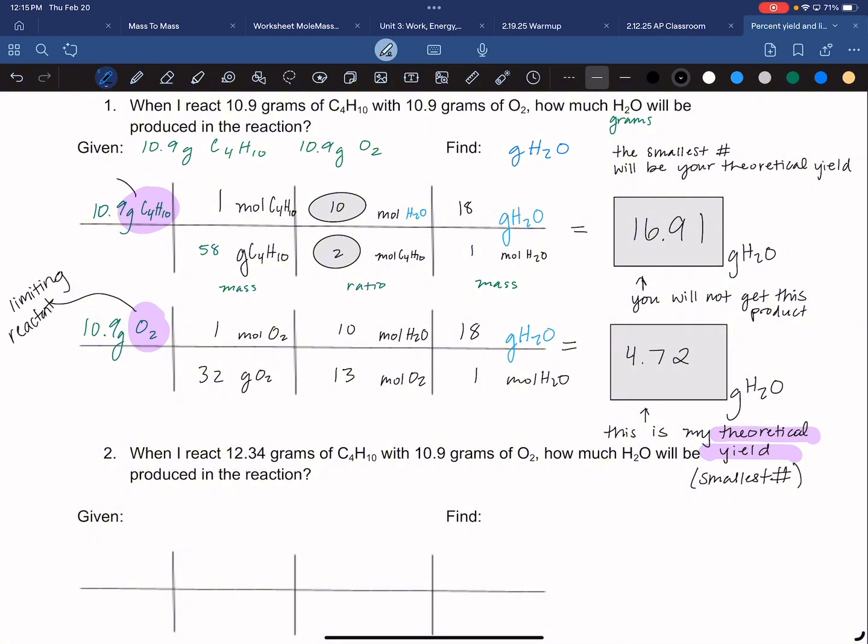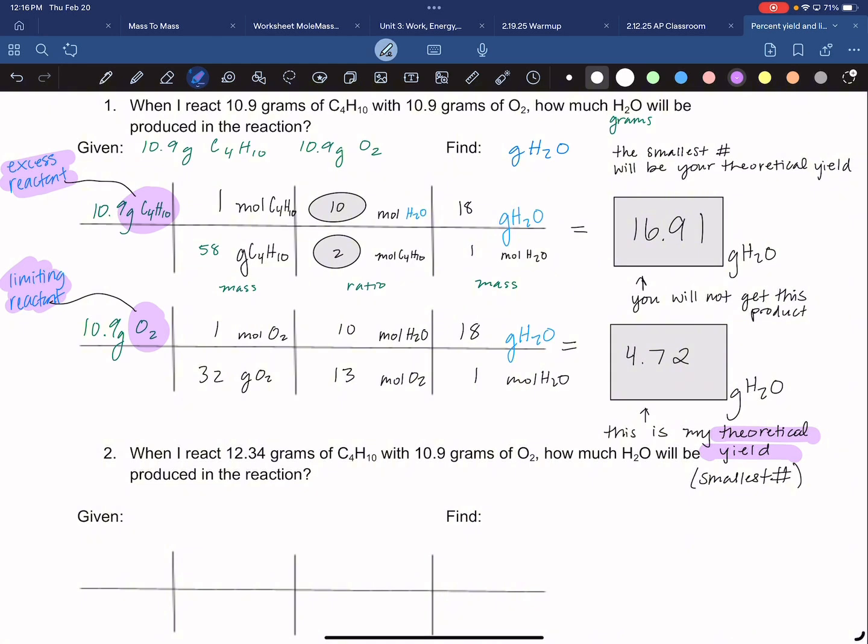And the one that produced too much product is going to be known as your excess reactant. Excess reactant. I'm going to write it in a different color because those are the main points of this. All right, so go ahead and go to the next problem.